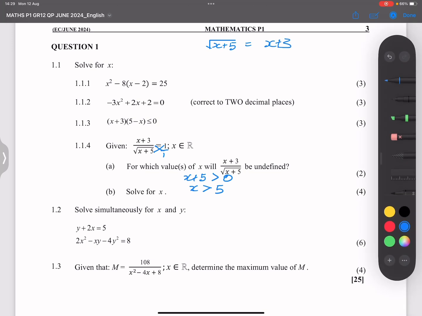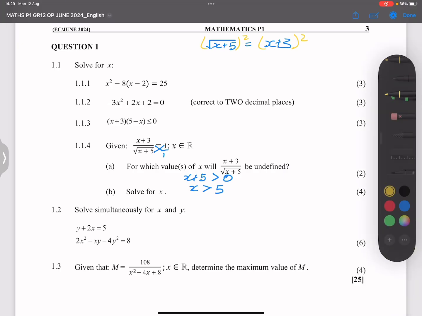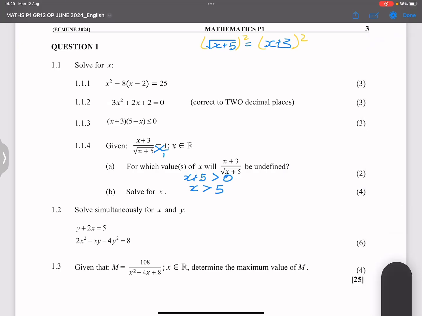But we've got a square root there, so we're going to square both sides, right? So that means that the square of the square root of x plus 5 gives us x plus 5, right? Remember that the square root and the square cancel out, and in this case this would be equal to x plus 3 squared.